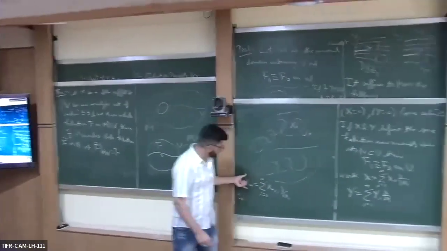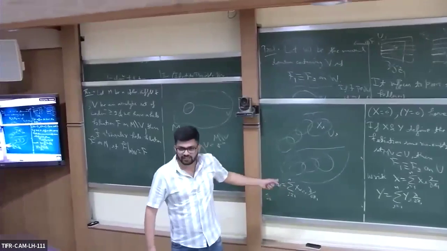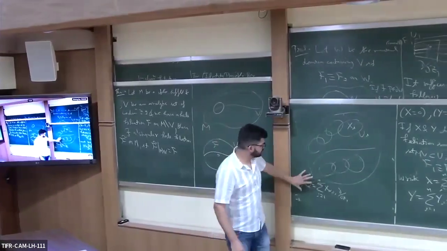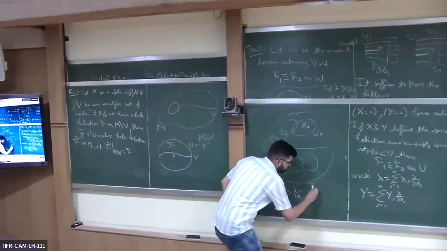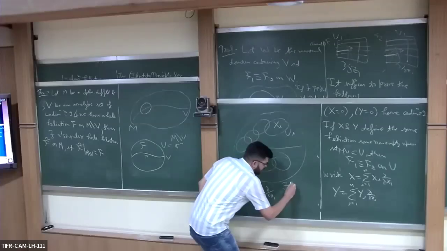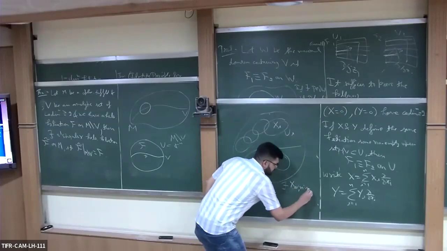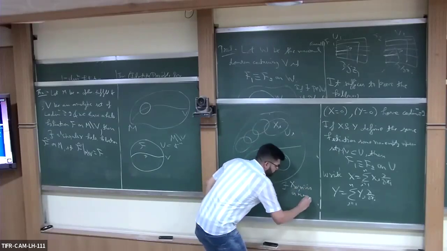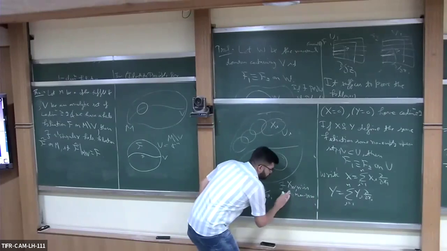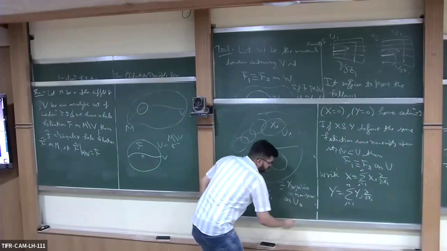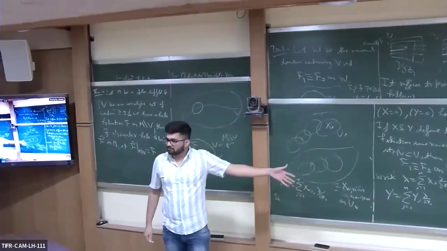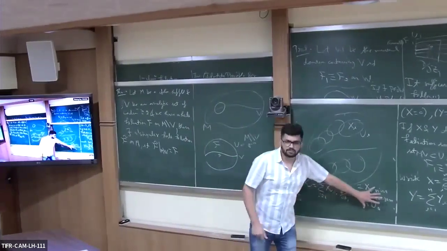Since this vector field does not vanish, I can assume that X alpha n is non-zero on U alpha for each alpha.